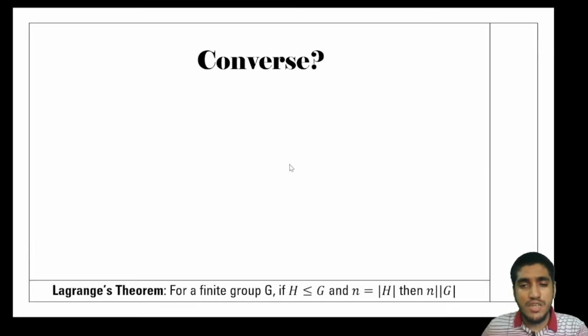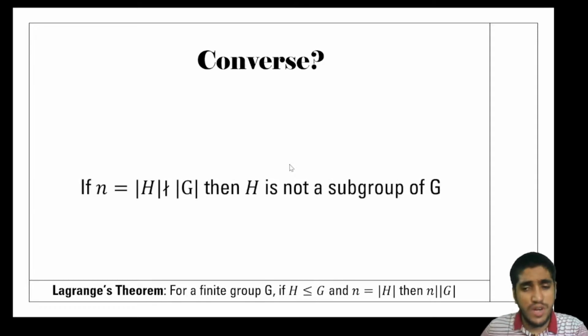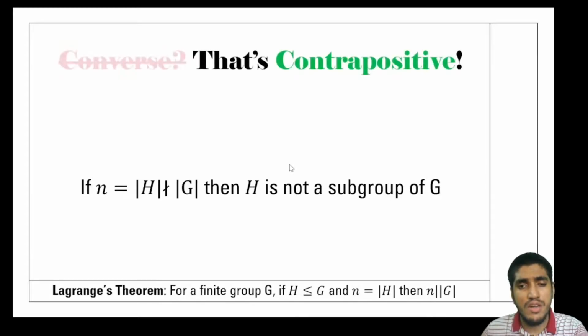Before we get to the converse, there's a bigger challenge. What is the converse of Lagrange's theorem? Could this be, for a finite group G, if order of H does not divide order of G and H is a subset of G, then it is not a subgroup of G? Oh wait, that's a contrapositive, not the converse, and it's true.